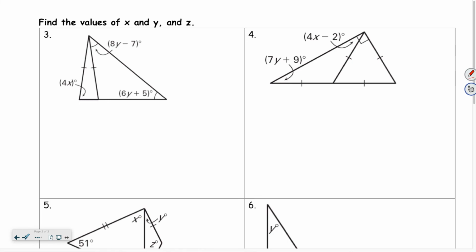Where do you go? Like, the start. I already got it. I'm not doing number 3 though.